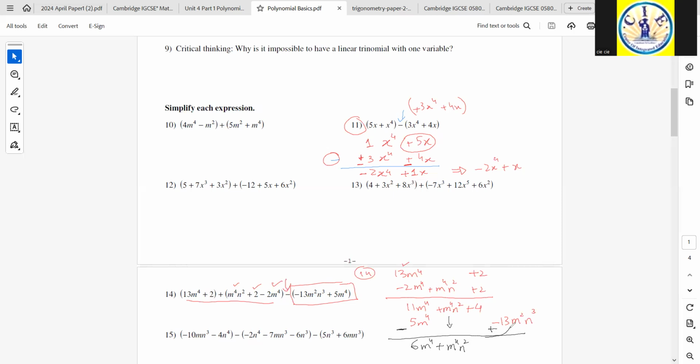Now, then I'm writing this one, plus 13m squared n cubed, and finally I'm going to write down this constant. So this is how we solve these and subtract these polynomials.